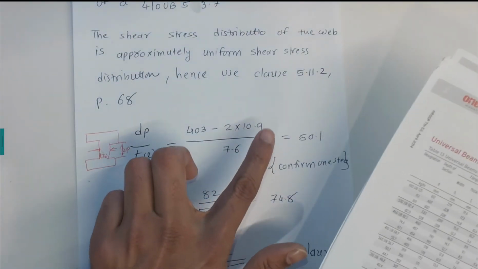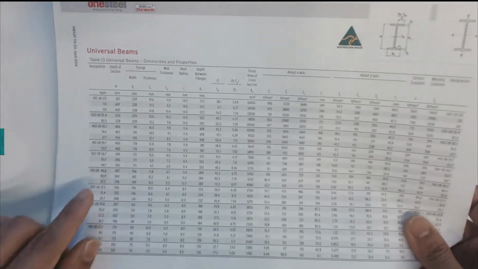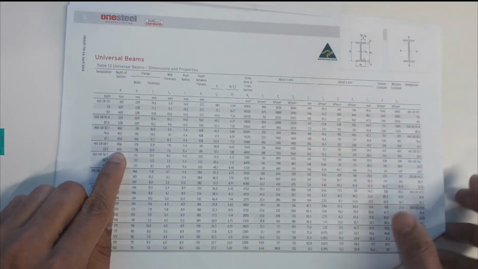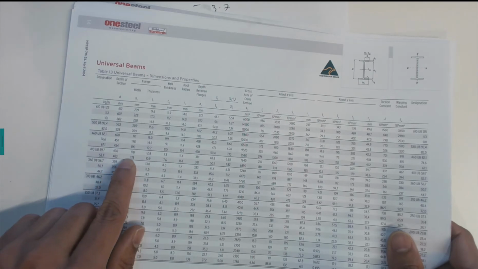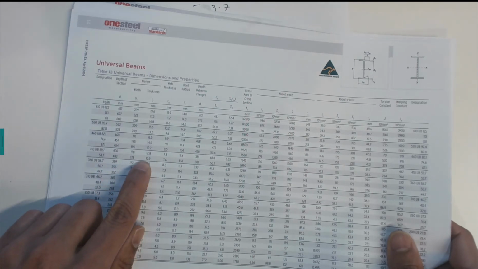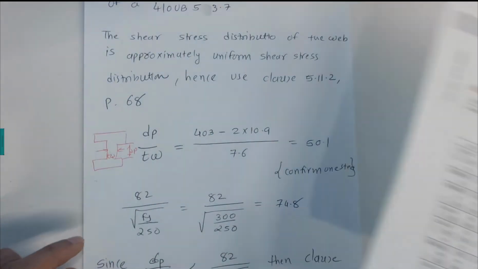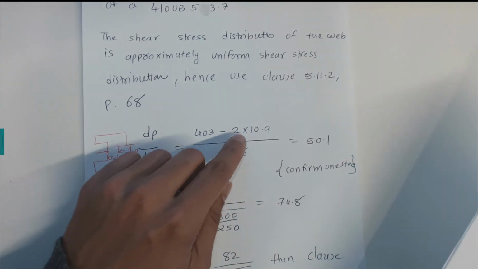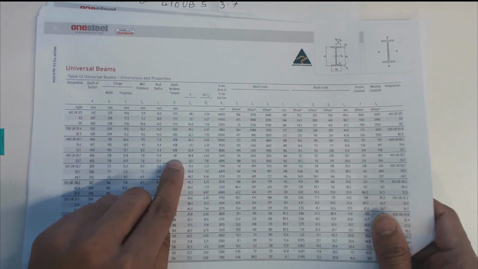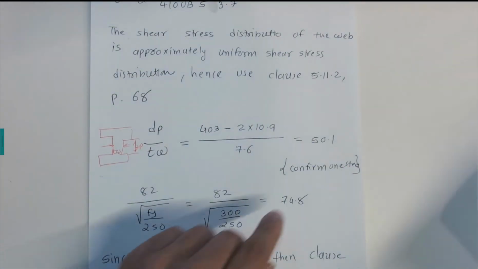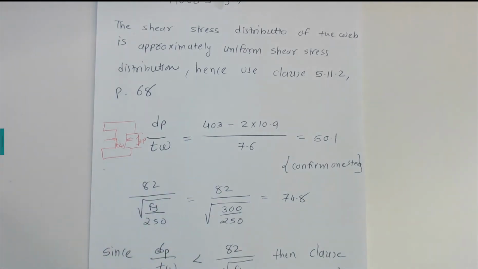If you do the calculation, it is the total depth 403 minus 2 times the flange thickness 10.9, divided by 7.6, giving 50.1. We can even find 50.1 straight away from the One Steel table.